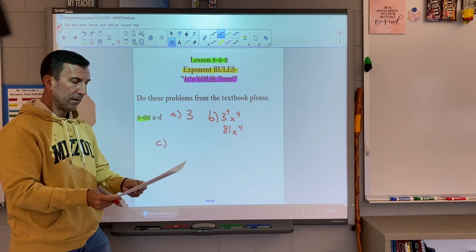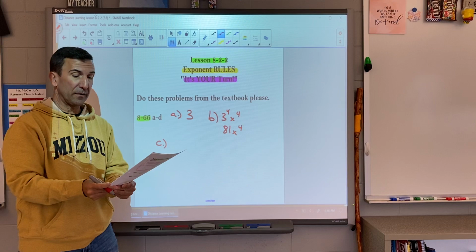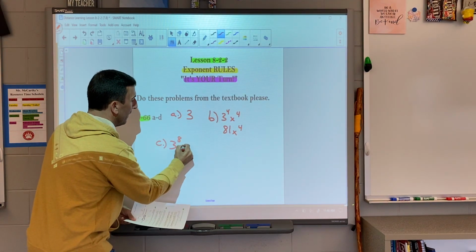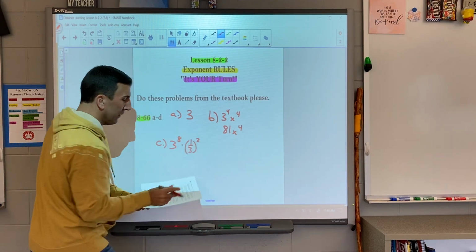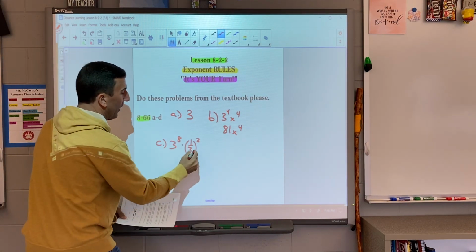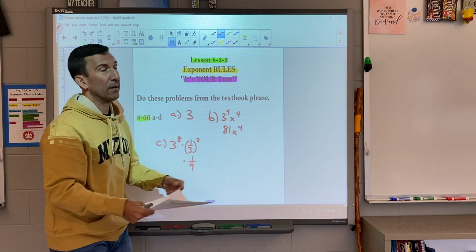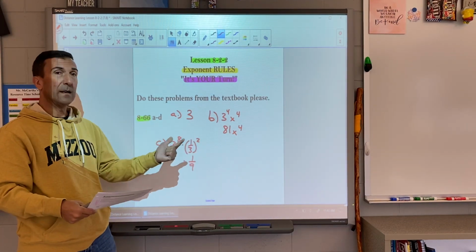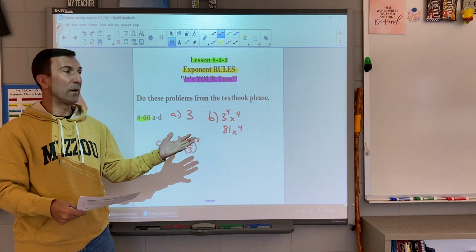For C, we had 3 to the 3rd, we had a 3 to the 5th, and we had a 1/3 squared. So you should have had a 3 to the 8th, and then we had it times 1/3 squared, which, remember, 1/3 squared is like having 1/9, and 3 to the 8th would be going 3 times 3 times 3 times 3 times 3, so 3 times 3 is 9, times 3 is 27, times 3 is 81, times 3 is 243.